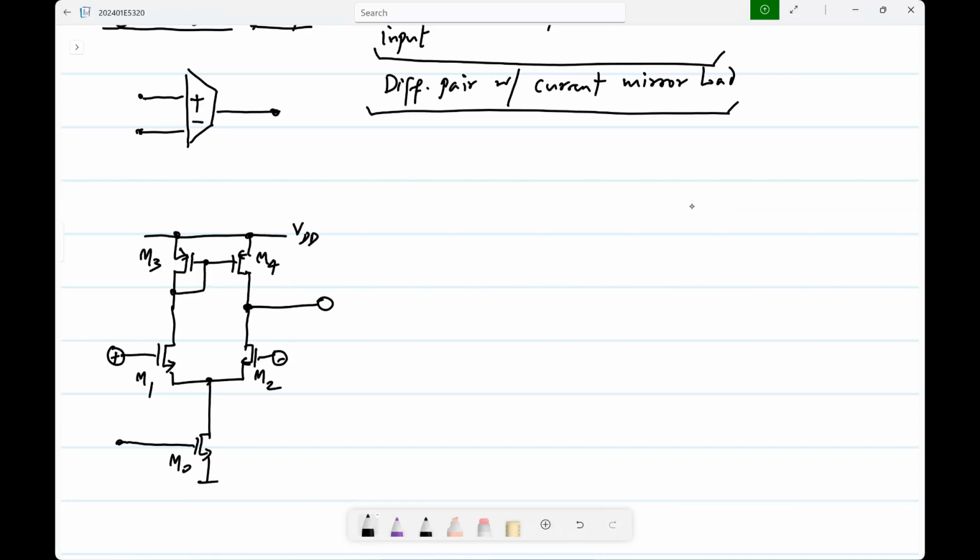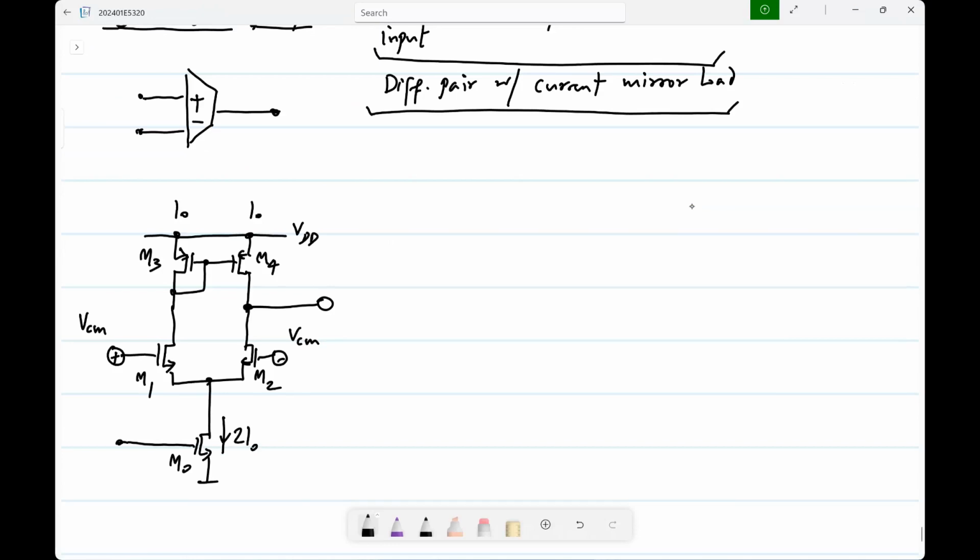So if the inputs are biased at some common mode voltage, the common mode voltage is nothing but the average of the input voltages, right? And let's say this current is 2I0, then the current in each of these branches will be I0.